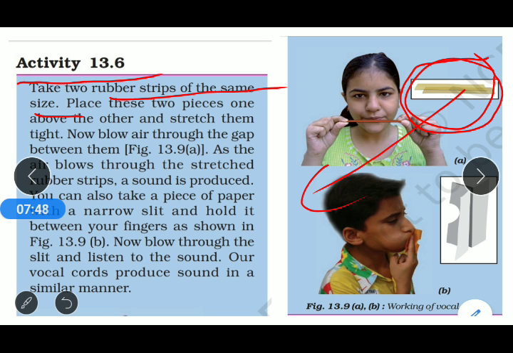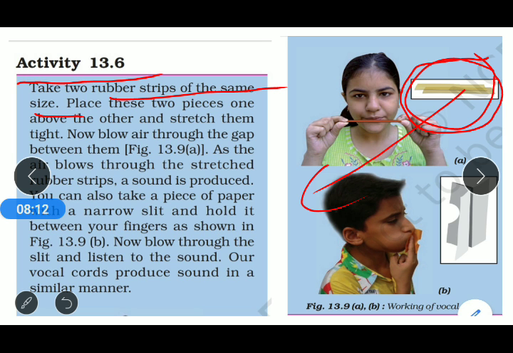There is a slit, a narrow opening or narrow gap between these two rubber strips, that is called the slit of these two rubber sheets or strips. Now we try to blow the air through the gap between them, like the picture has shown to us.